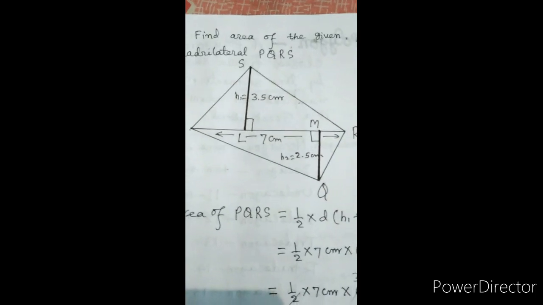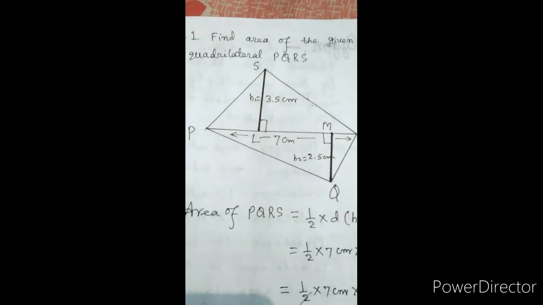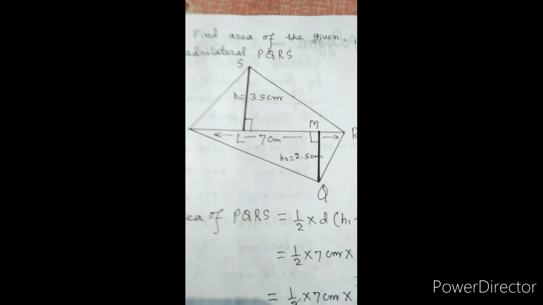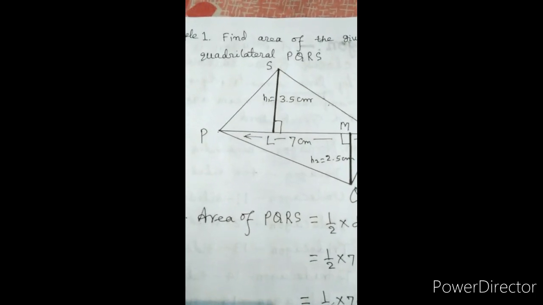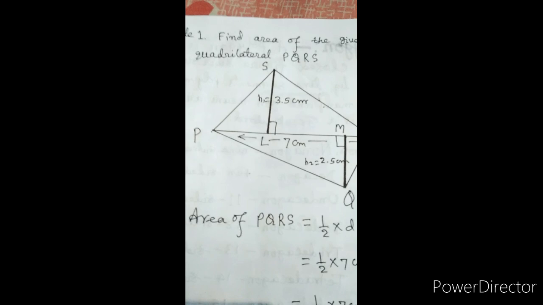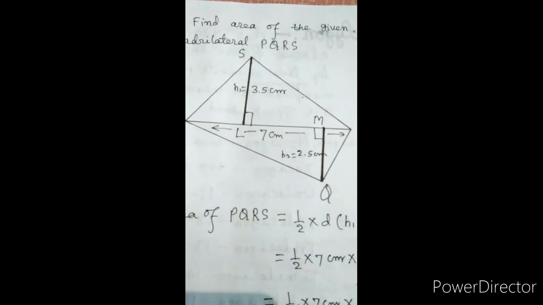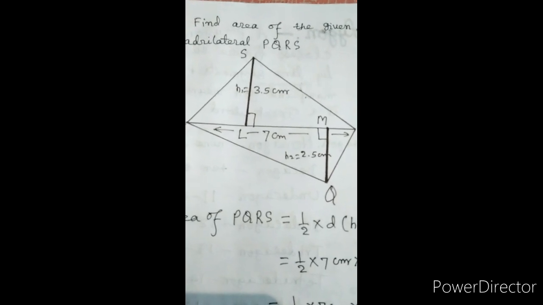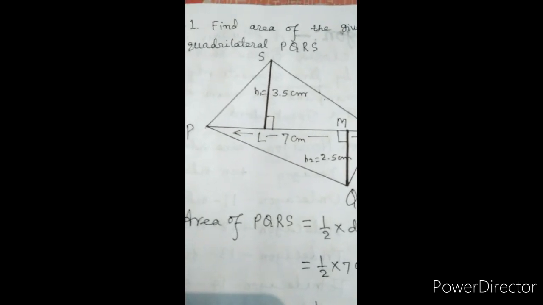Now, try to solve a given problem. This is given figure. Find the area of the given quadrilateral PQRS. Here diagonal is given, that is 7 cm, and its both altitudes are also given. SL, that is 3.5 cm, and QM, that is also altitude, which is given, that is 2.5 cm.